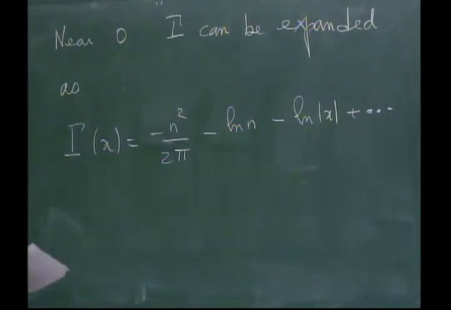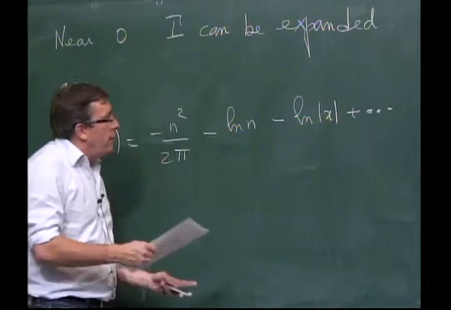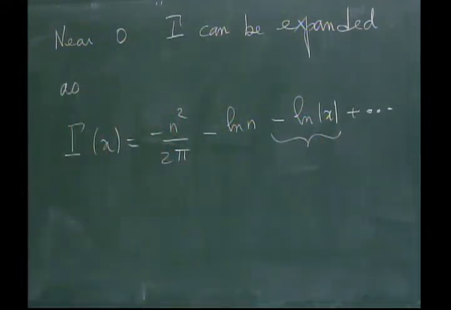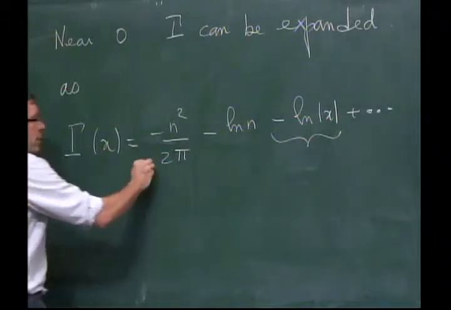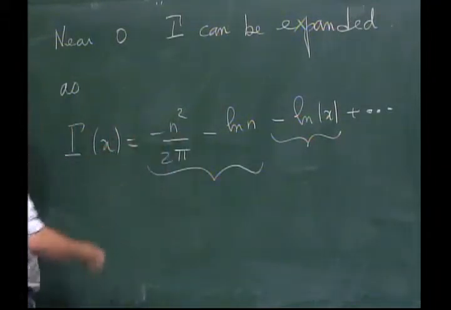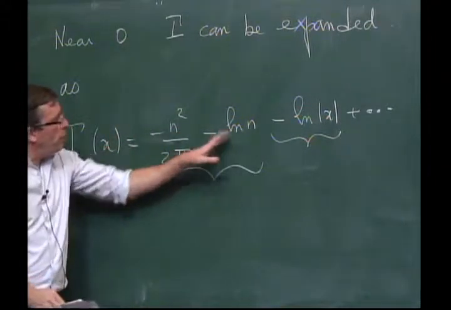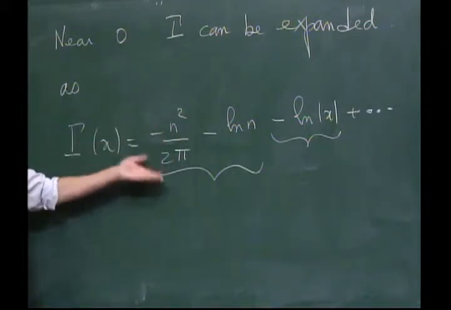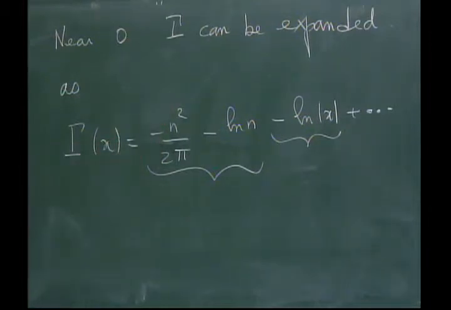But what is very important is that this proves there is a singularity at 0. Also there is this constant, which in fact has 2 terms, but the only interesting one is the one behaving like minus n squared.